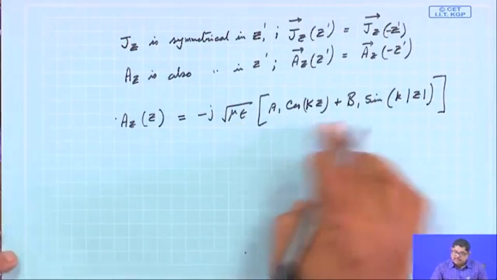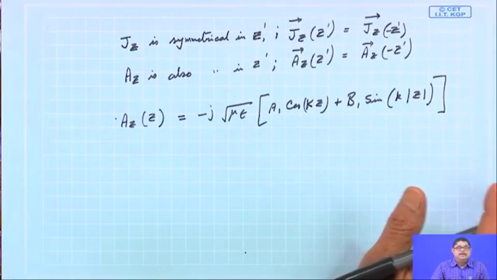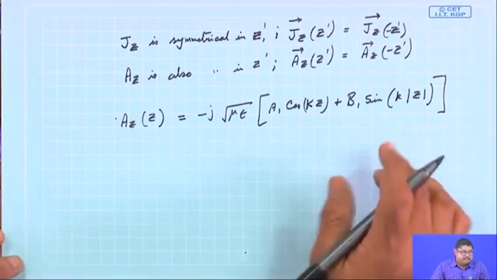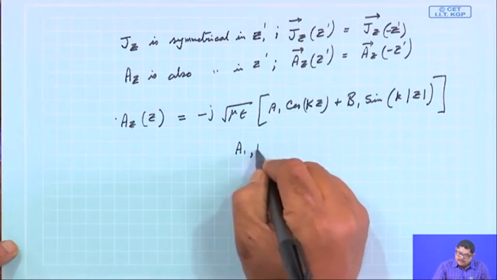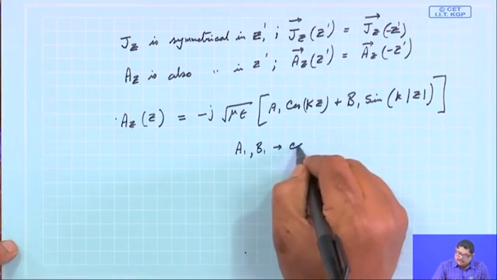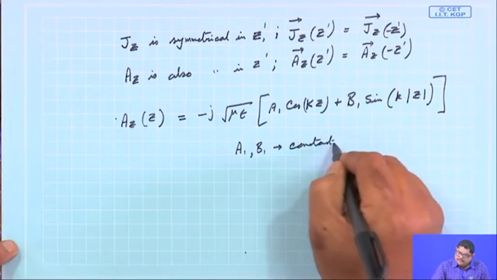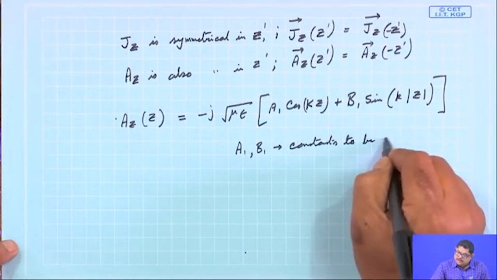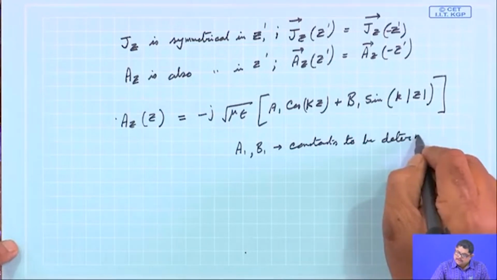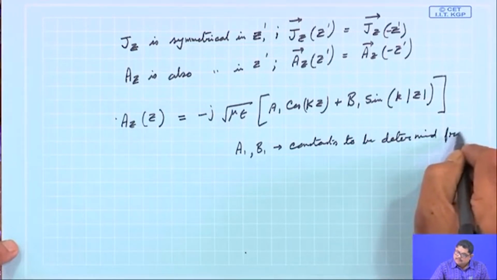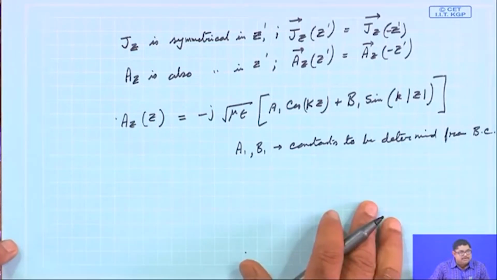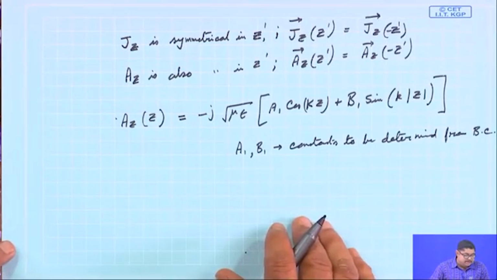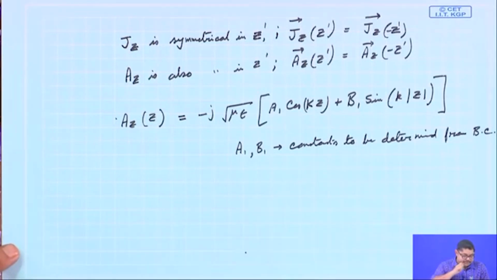A1 and B1 are unknown constants to be determined from the boundary conditions. I have two unknowns and two boundary conditions, so I will be able to do that.